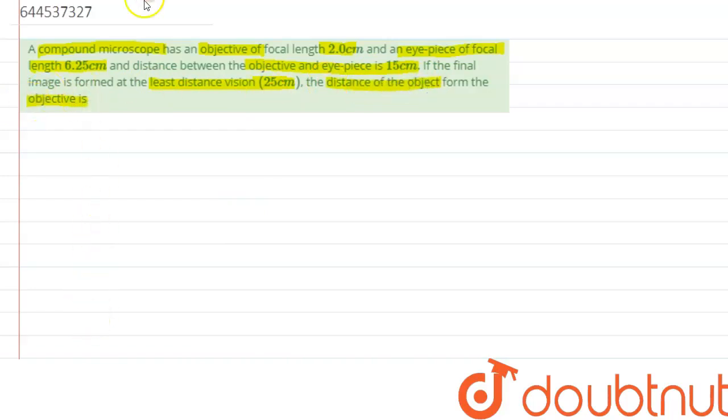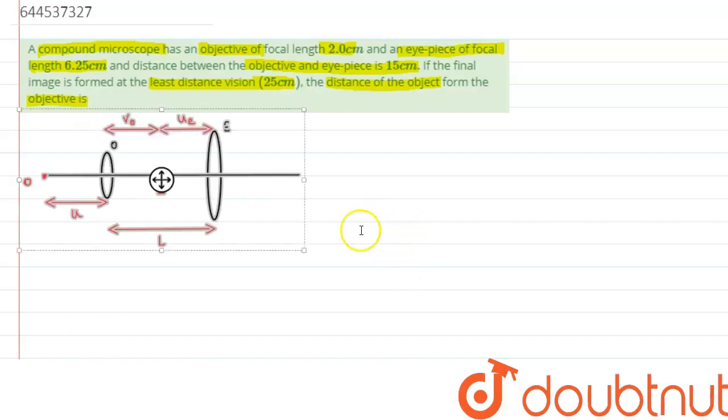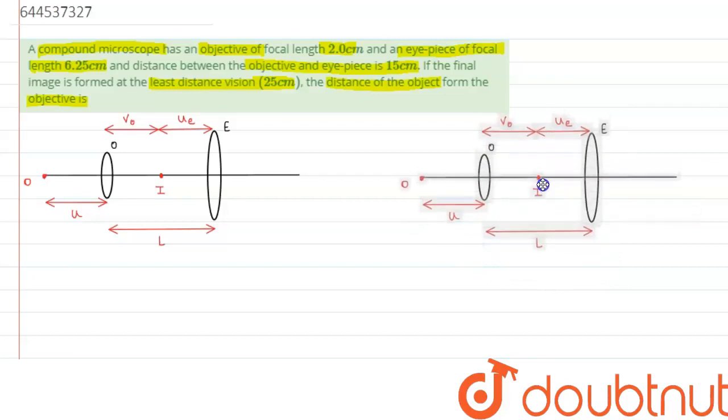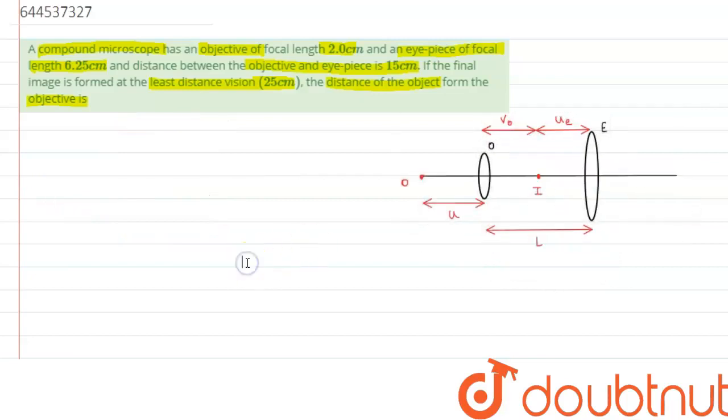Alright, so this is a case of compound microscope. Let's try to understand the general setup of a compound microscope. A compound microscope basically has two lenses. One is the objective, another is the eyepiece. The eyepiece is greater than the objective in size.